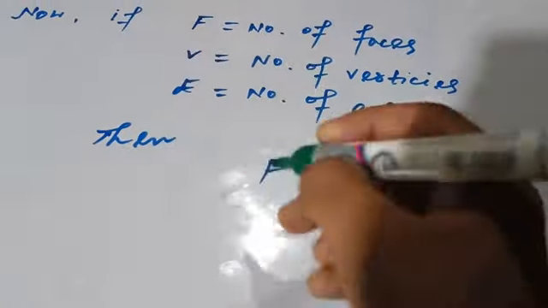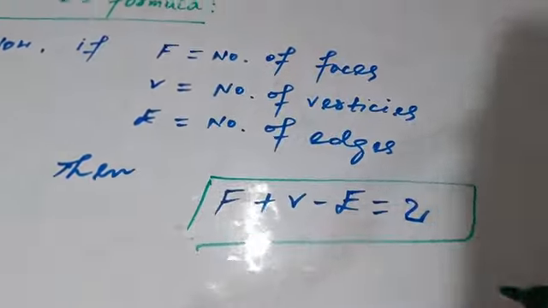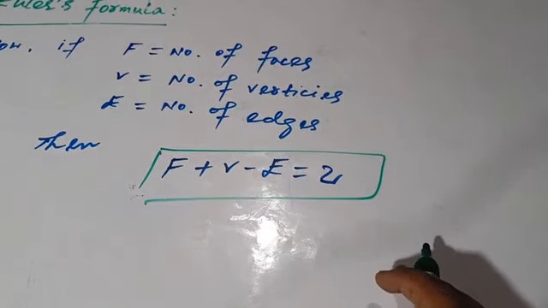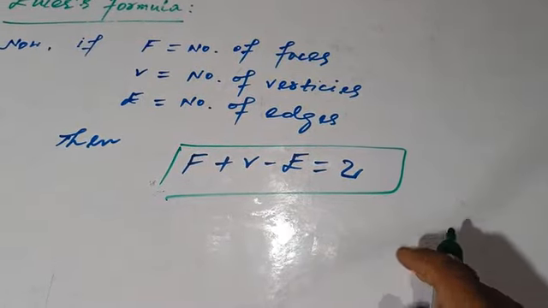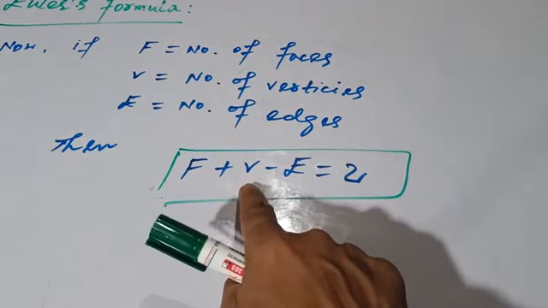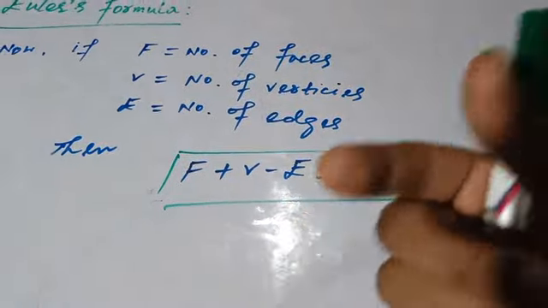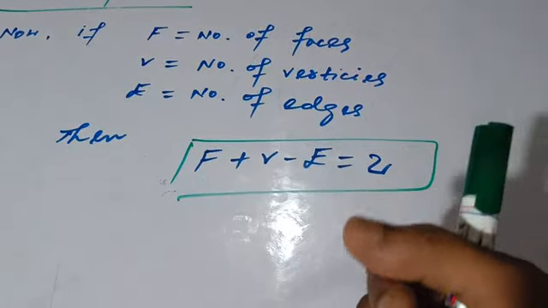This is Euler's relationship connecting the number of faces, vertices, and edges. Number of faces plus number of vertices minus number of edges, you will always get 2.